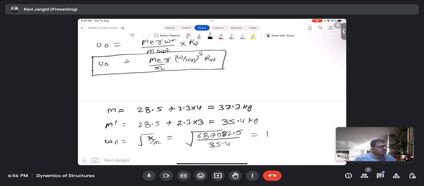It comes out to 139.31 radian per second.